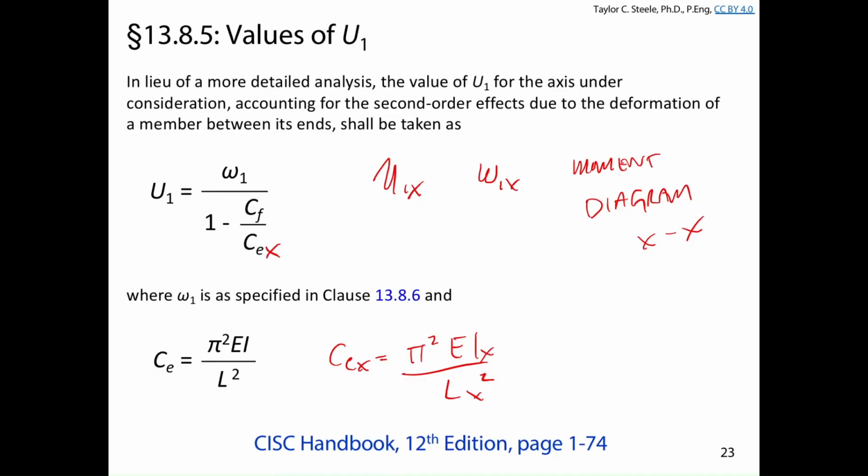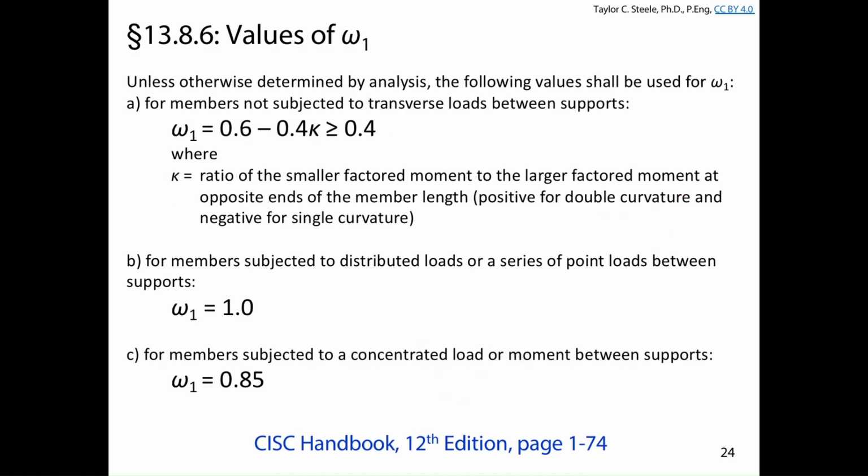Okay, so U1x and U1y are calculated the same way. We might just have slightly different moment diagrams and slightly different properties to consider about the two axes. Omega 1 is 1 if we have a uniform moment. Otherwise, if we've got a linear bending moment diagram, we calculate it using the equation I showed you before, but we're not allowed to take something less than 0.4.